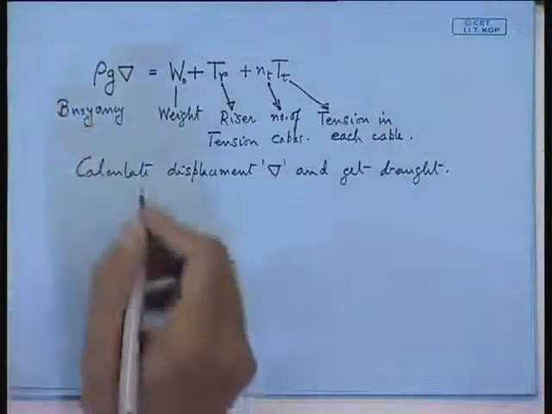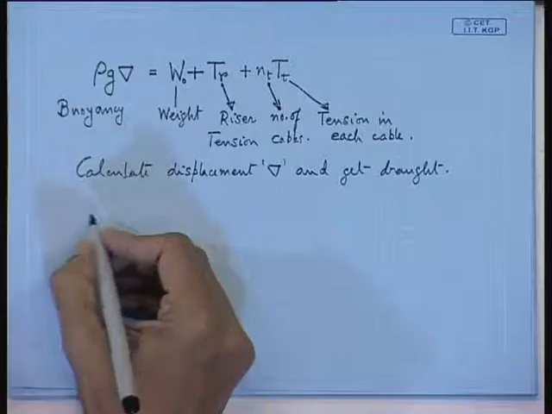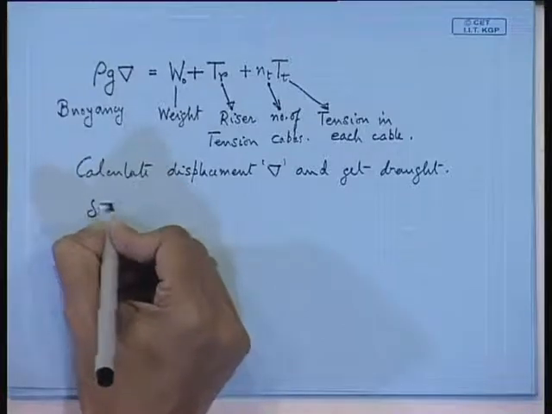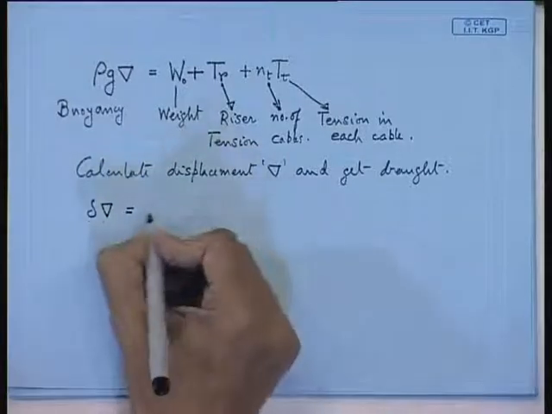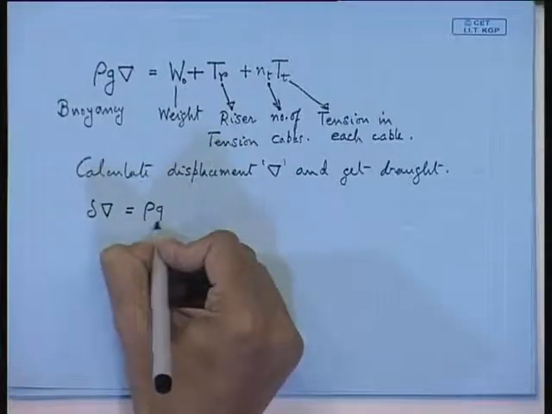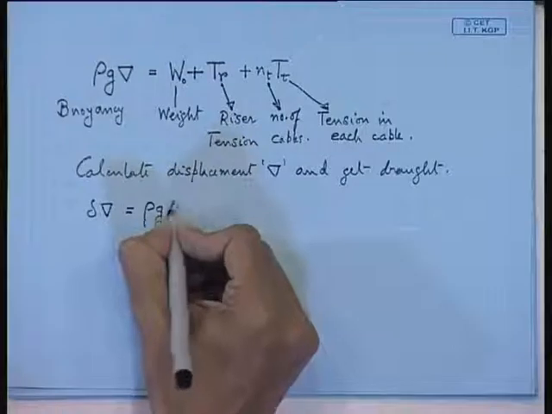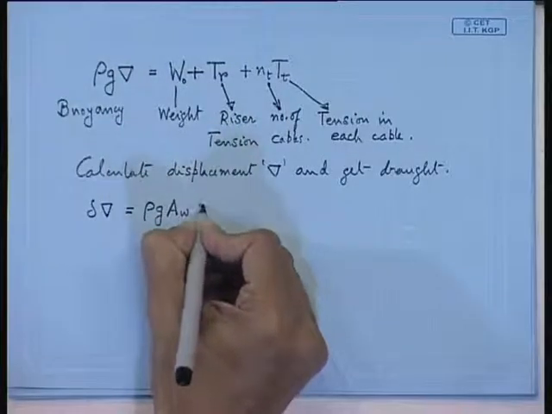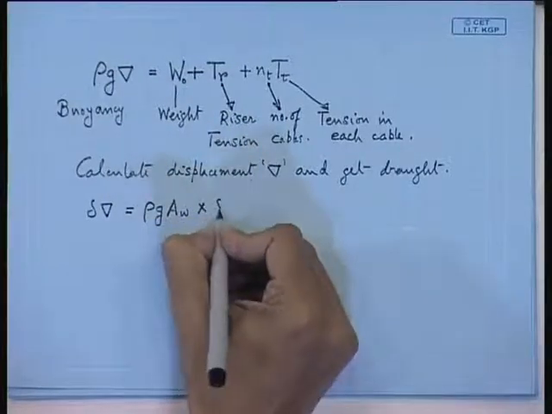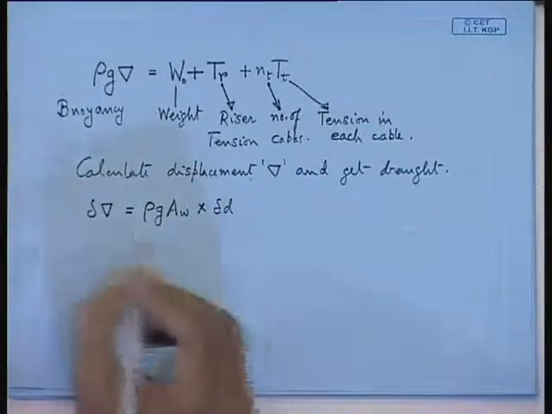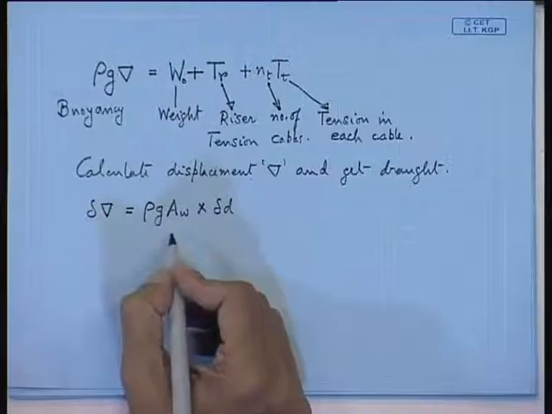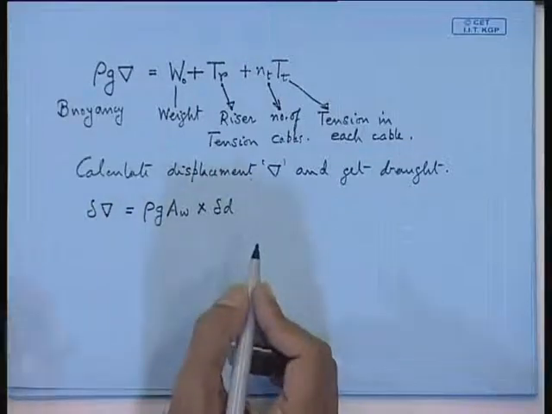Now, any change in this displacement, say delta W, is equal to how much? Your rho g water plane area multiplied by change in draft. So, change in displacement is equal to the water plane area into change in draft.